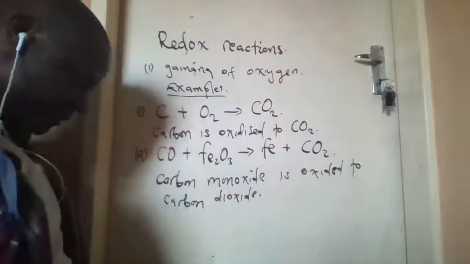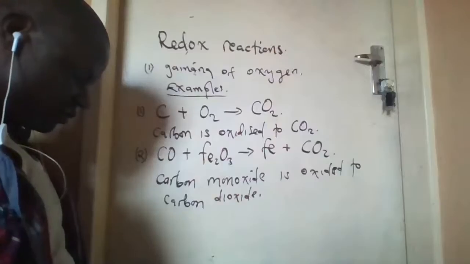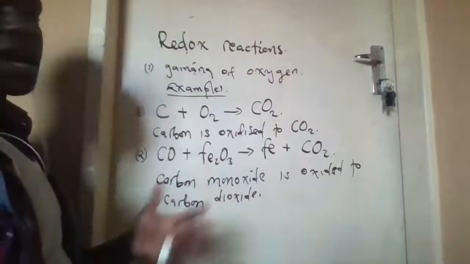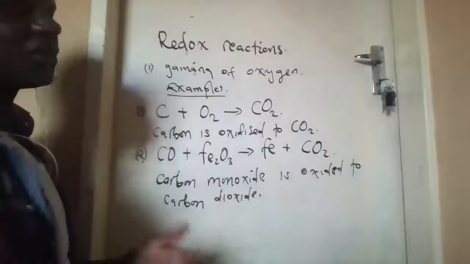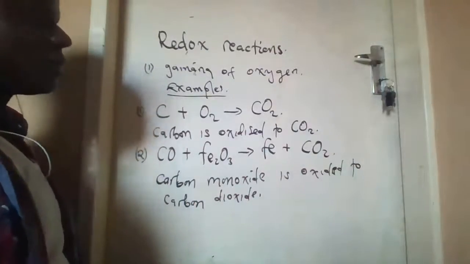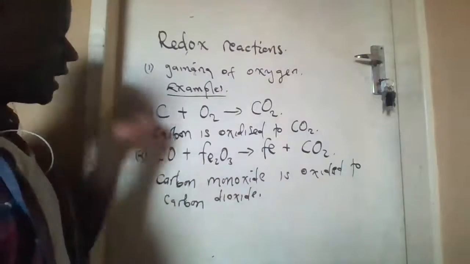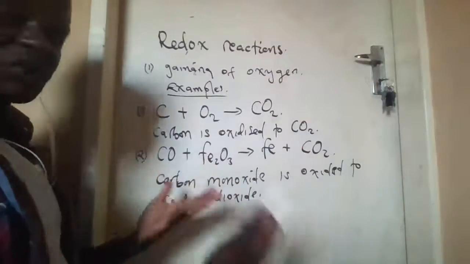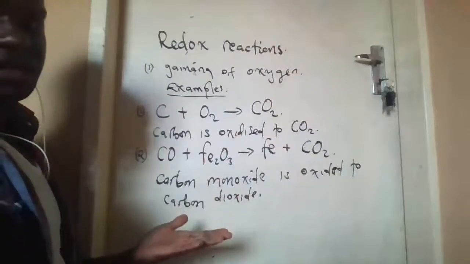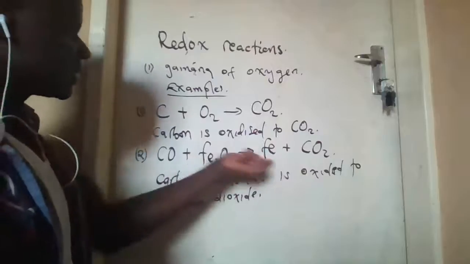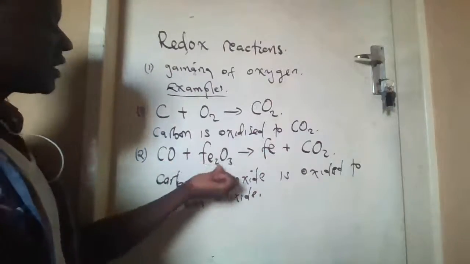That is one. Then we're going to define oxidation in terms of hydrogen, again, the losing of hydrogen. The most important thing here is telling which chemical species has been oxidized, and oxidized to what. Those are two important things that we have to know. In this reaction we've got carbon monoxide and ferric oxide.